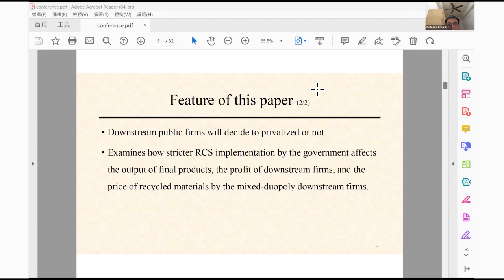Downstream public firms will decide to privatize or not. We would like to examine how stricter RCS implementation by the government affects the output of final products, the profit of downstream firms, and the price of recycled materials with mixed duopoly downstream firms.